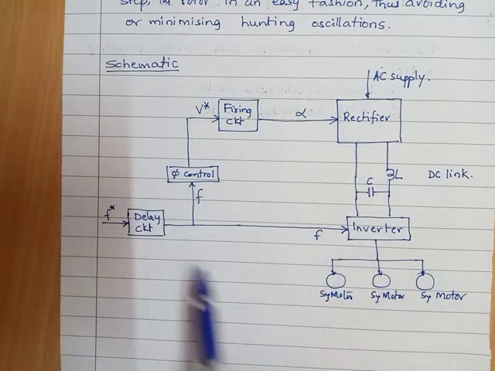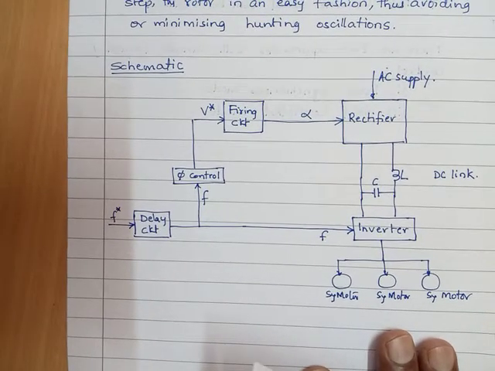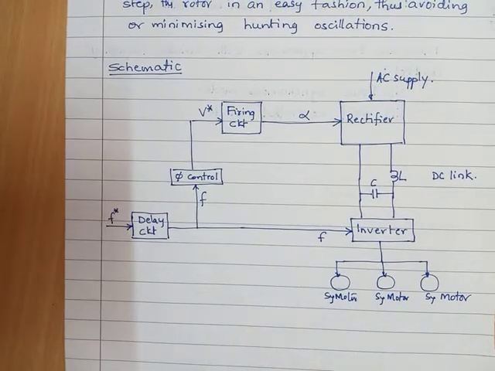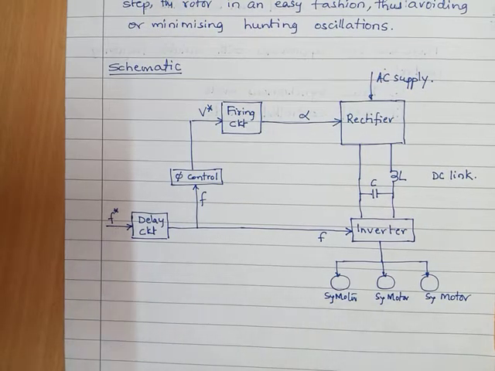This is the schematic. With this schematic, how the working happens, what way the scheme works. In this case, the frequency F star, what I showed here, is the reference frequency.